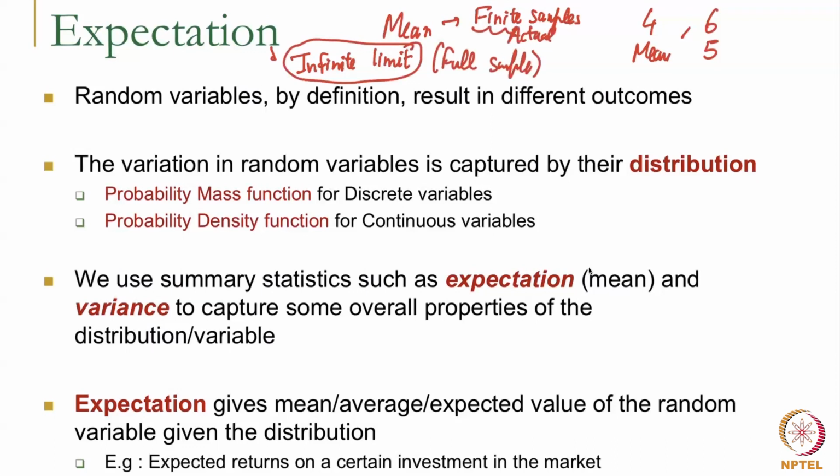Recall that random variables by definition result in different outcomes. As far as probability is concerned, complete information about the randomness in this variable is captured by the distribution. Now, expectation is simply what is called a summary statistic.